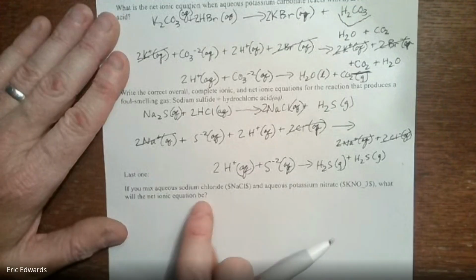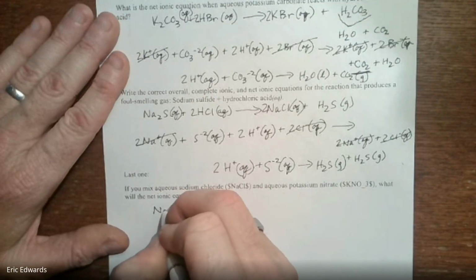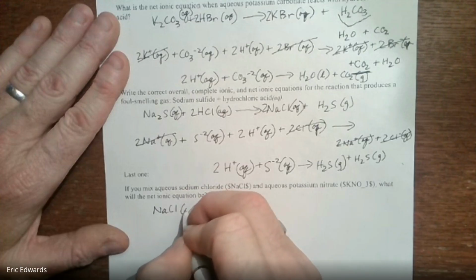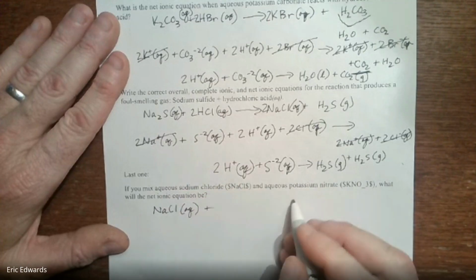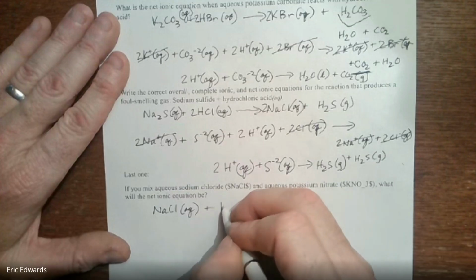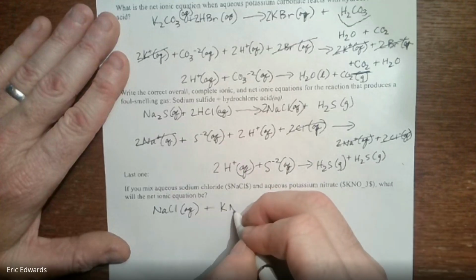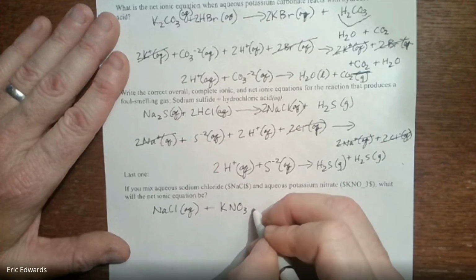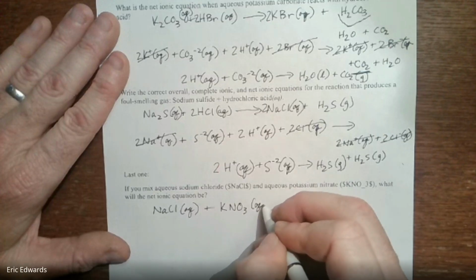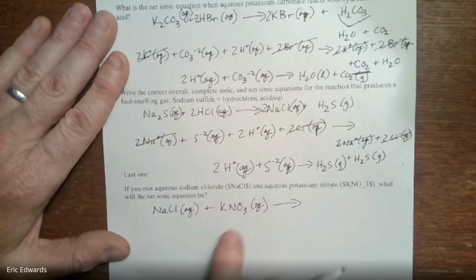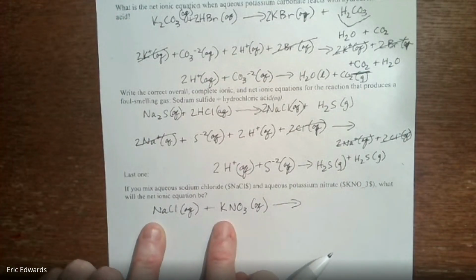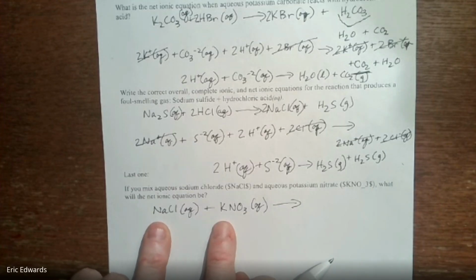It says if you mix sodium chloride, NaCl aqueous, plus KNO3, which is potassium nitrate, aqueous, what you're going to get from this is, notice both of these, if you remember back to the beginning, both of those cations are always soluble.